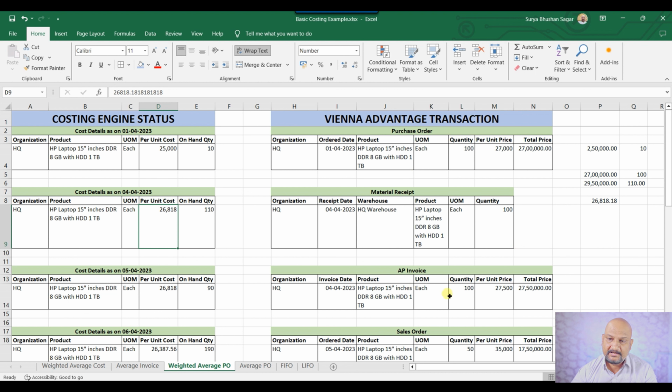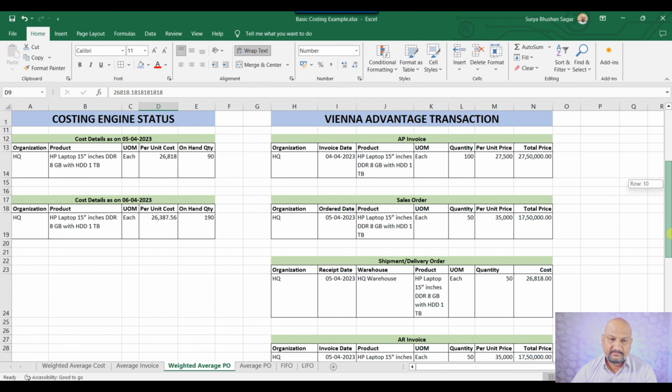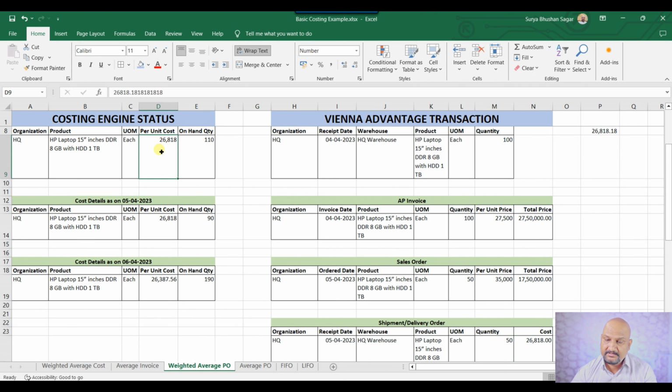Once this transaction happens, we are assuming a certain sale happens. At the level of the sales, there is a sales order, then you have the shipment. I have placed my margin into my sales price, and with 35,000 per unit, I'm selling this product to my customer. I did my delivery on 5th of April, and you can see there are 50 quantities we are selling, so my cost is going to be 26,818.